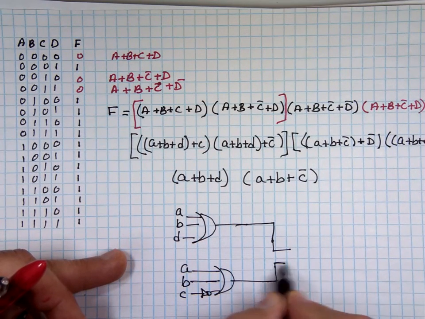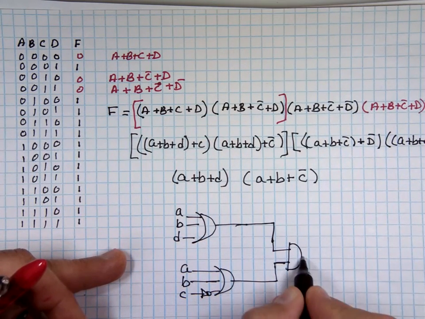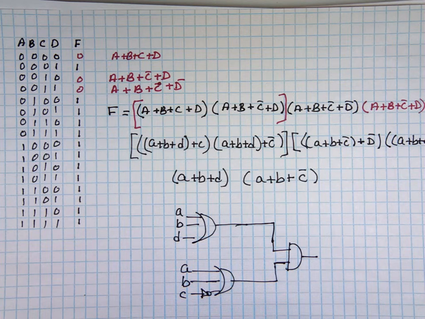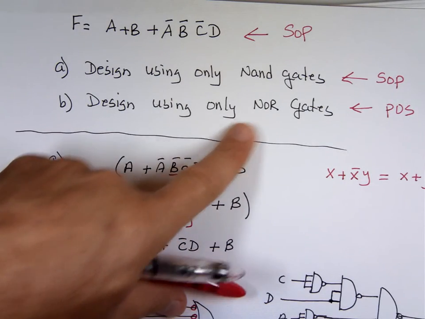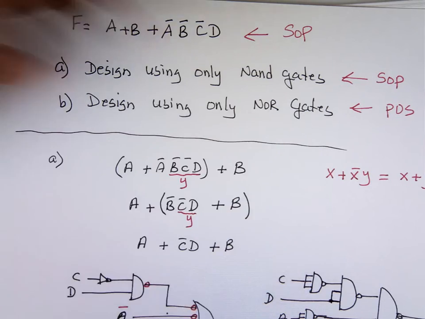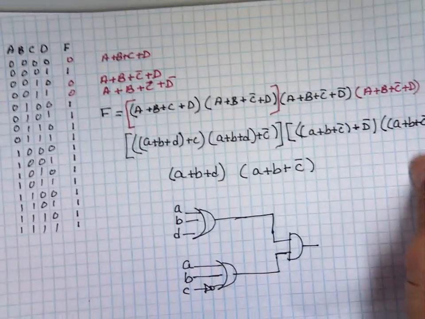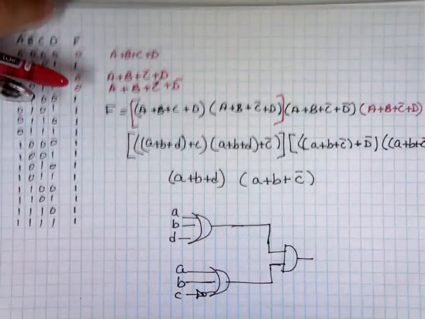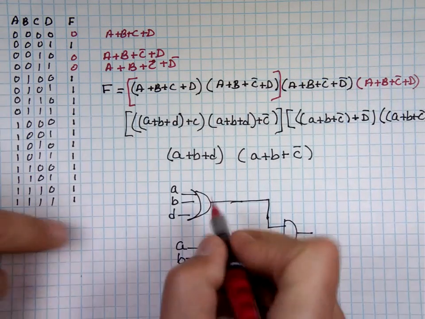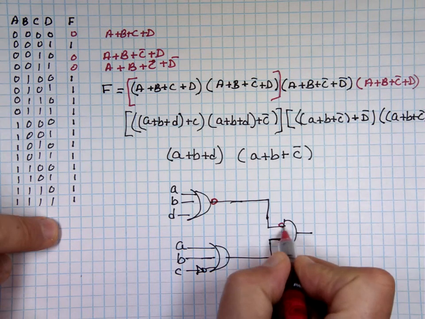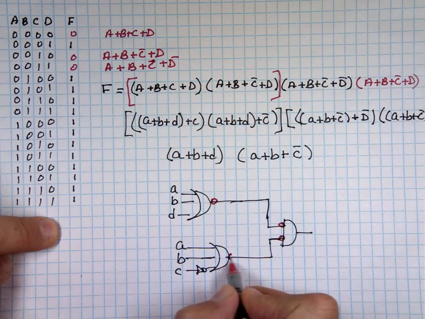For this, we wanted to use NOR. Was it NOR? Is that what the question was? What did I say? Use NOR only, right? Using only NOR gates. So let me double complement these. It's the same circuit.